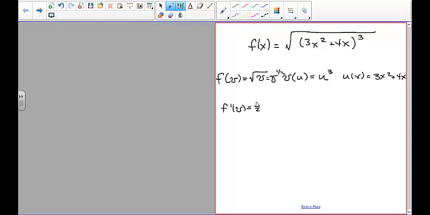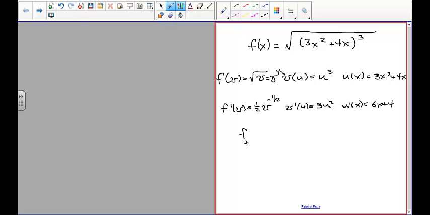So you're going to get 1/2 v to the minus 1/2 power. Then you're going to do f prime of u. So we take the derivative here with respect to u. So that's 3u squared. And u prime of x is going to be 6x plus 4.